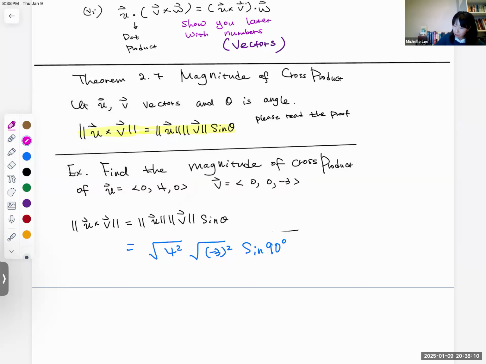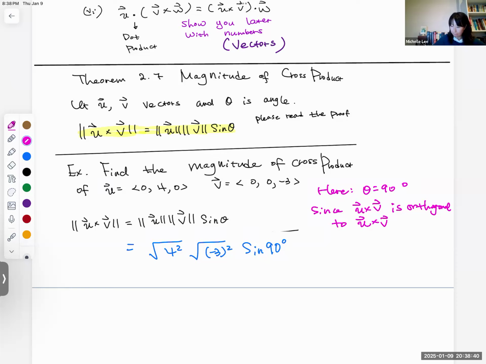In that case, theta equals 90 degrees, since vector u cross v is orthogonal to u and v.